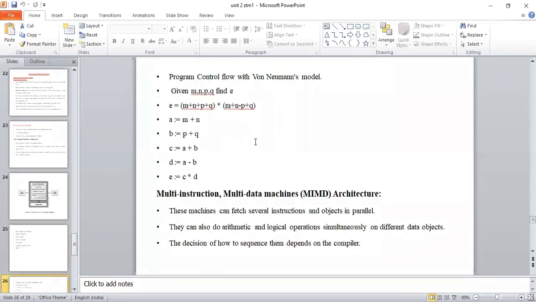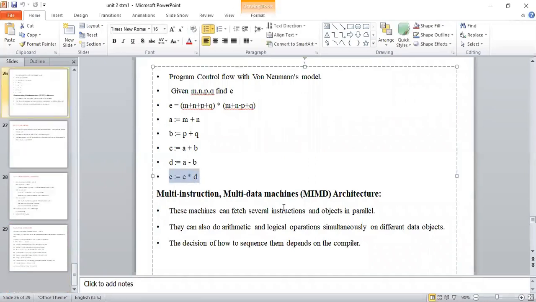Okay, so see this example. Here we have taken an example: E equal to C into D. This has to be executed in a single way of execution. That is, one instruction has to be executed, then the next instruction will start. First, see, E equal to C into D has to be executed.